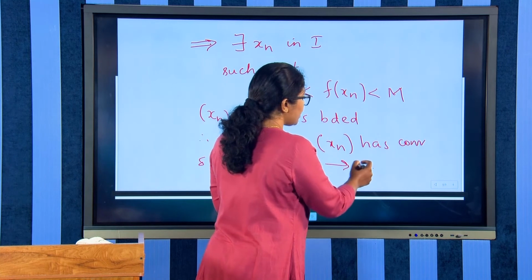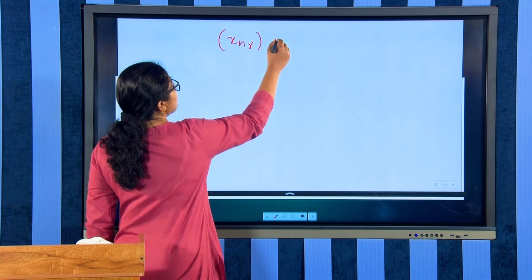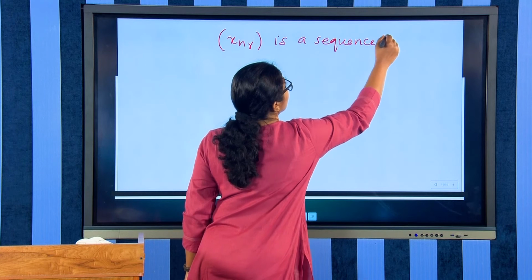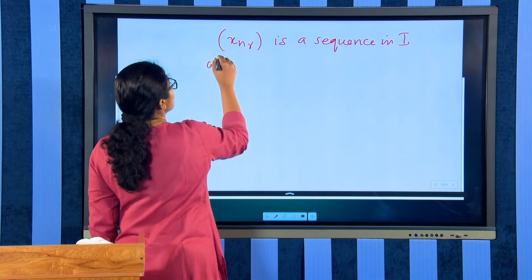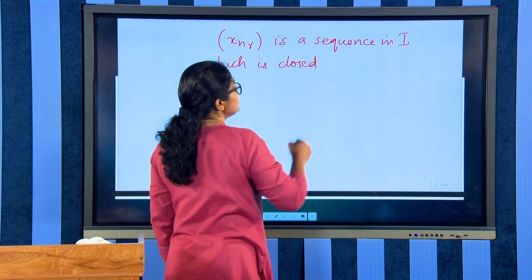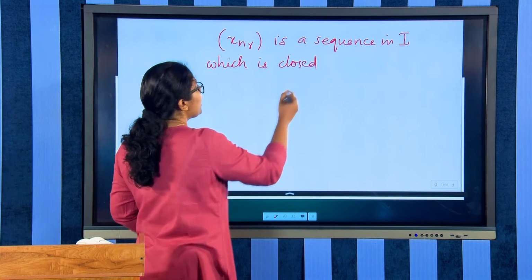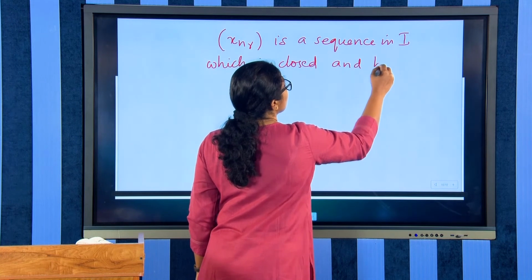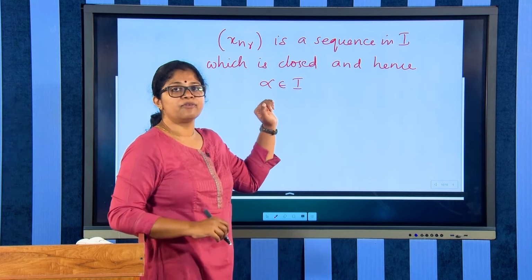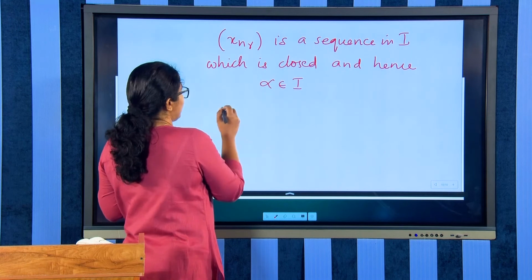So since xnr converges to alpha and xnr is a sequence in I, which is closed, a closed set means a set having all its limit points or cluster points, and hence alpha belongs to the same set I where these xnr also belong. So alpha belongs to I.